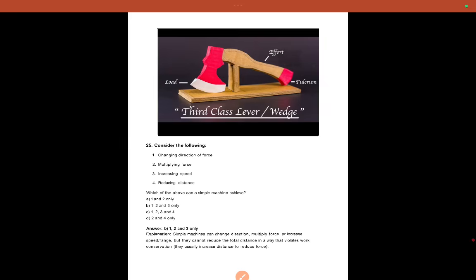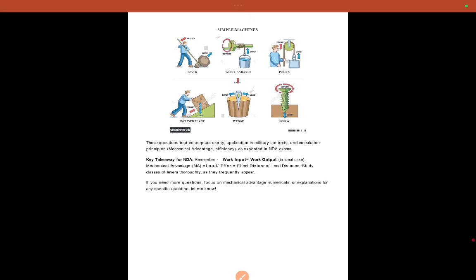So here, simple machines can change direction, multiply force, increase speed and range, but they cannot reduce the total distance in any way that violates work conservation. So that statement is wrong. So 1, 2, 3: changing the direction of force, multiplying the force, increasing the speed. This is all about today's session. Thank you.